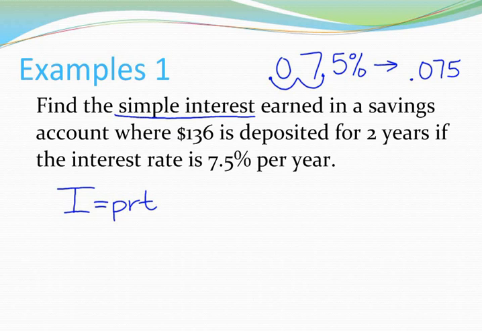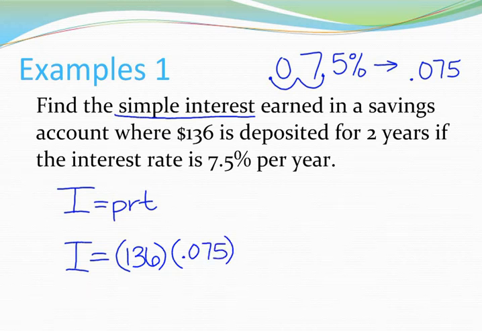Step 2 is to fill in all of the things that I know. So I know my interest rate is 7.5. So we have I equals, my principal is $136. My rate, which I have now changed into a decimal, is 75 thousandths.